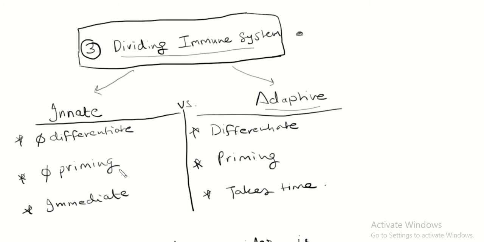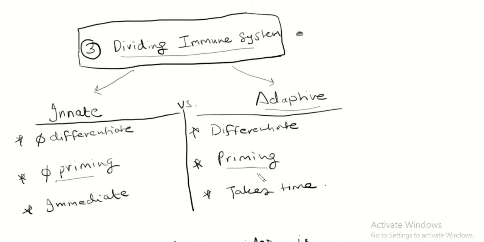Secondly, innate immunity does not need priming. It's immediate. Why? It doesn't need to think. Adaptive immunity needs a bit more time because it needs to study what the enemy is, create tools to fight the enemy, and then fight it.